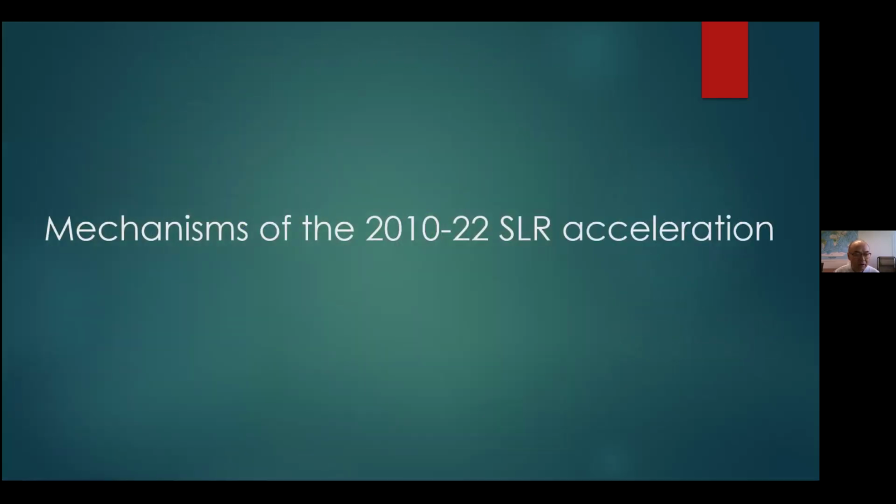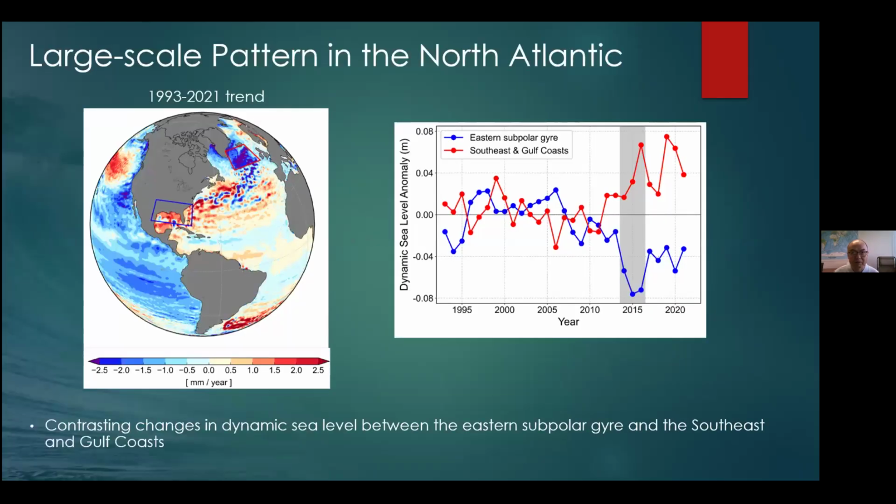Okay, so now I want to discuss the mechanism of the 2010-2022 sea level rise acceleration. The global mean sea level rise falls short to explain the regional acceleration. The acceleration is actually the coastal manifestation of large-scale sea level change in the North Atlantic.